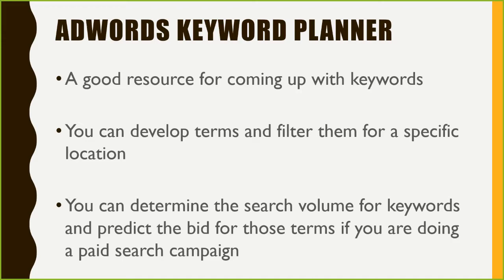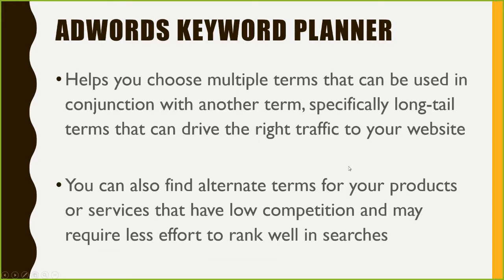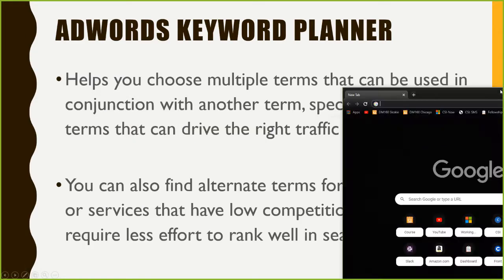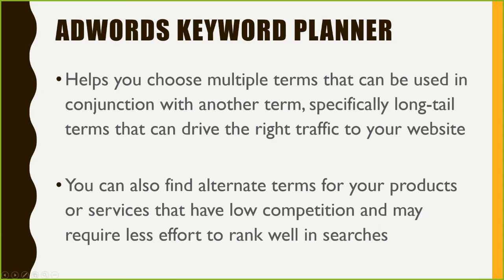I cycle through 5 or 6 different types of words. That's not the best because we're limiting the reach of what our keywords could be. So what AdWords Keyword Planner does is it determines multiple terms that can be used with another term as well.